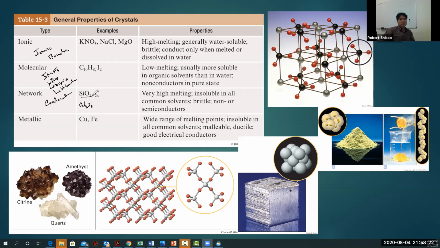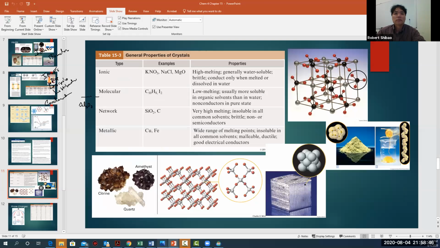On the Mohs hardness scale, diamond is 10, aluminum oxide is a 9. Quartz, I forgot what quartz is. Quartz is not as hard as aluminum oxide. I think it's an 8 on the hardness scale. Let's see, hardness of quartz.